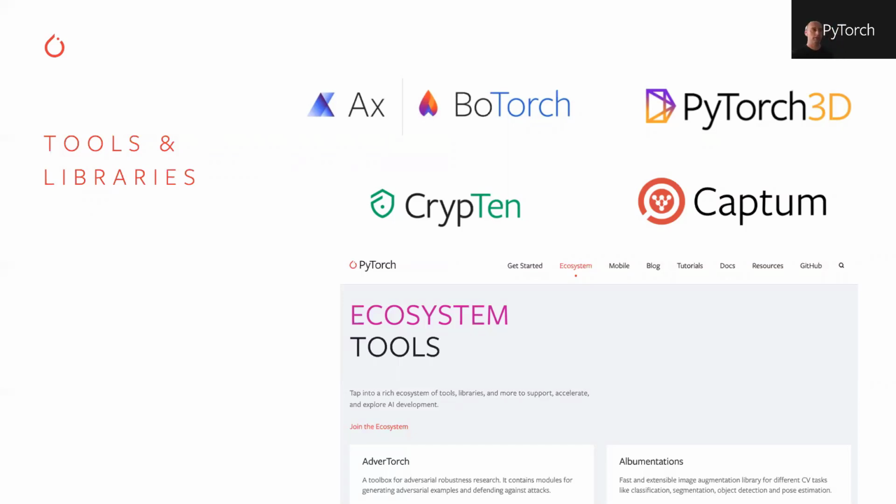They have support in place. People are supporting these longer term. But you can see, for example, things like PyTorch3D or CrypTen for encrypted AI, or Captum for interpretability. These are fantastic libraries that will help developers fill out the end-to-end platform or help you explore different areas, like, for example, private AI or privacy-preserving machine learning.